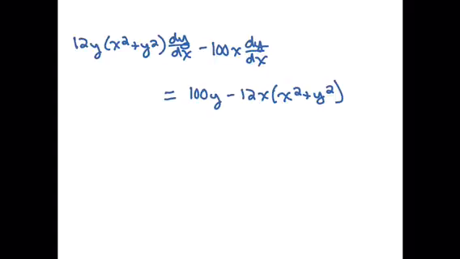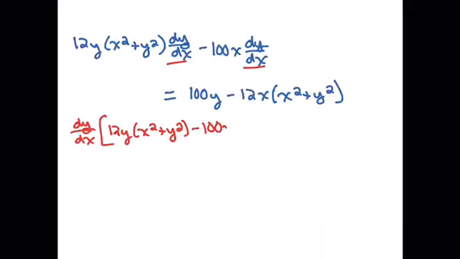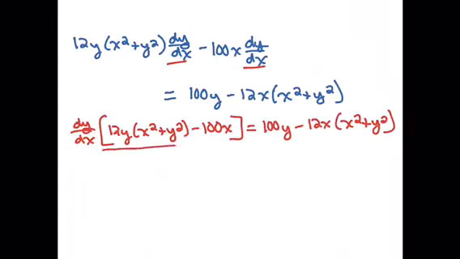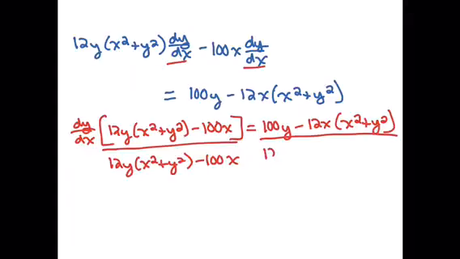If we factor out our dy/dx's, I end up with dy/dx times [12y (x squared plus y squared) minus 100x] equals 100y minus 12x times (x squared plus y squared), and we'll divide both sides by what's in the brackets. So this one's pretty messy.